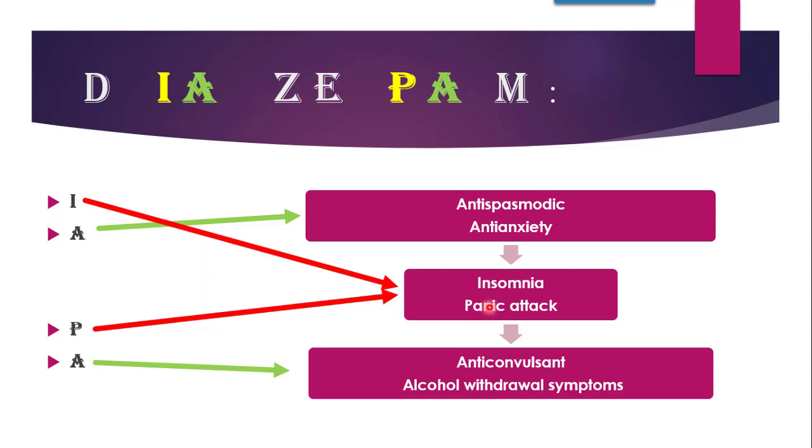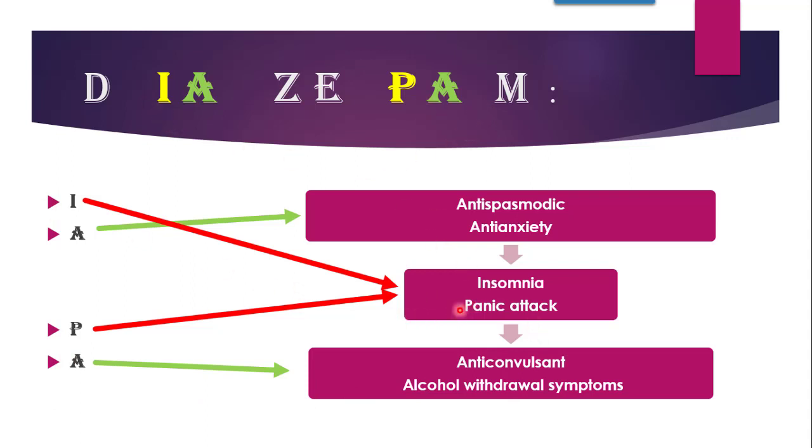Now what is that IA and PA from diazepam? I stands for insomnia, then A stands for two uses, that is antispasmodic and anti-anxietic. Since the A is very important, from the first A there are two uses and from the second A also two uses, and what is left is I and P. So it is at the center.